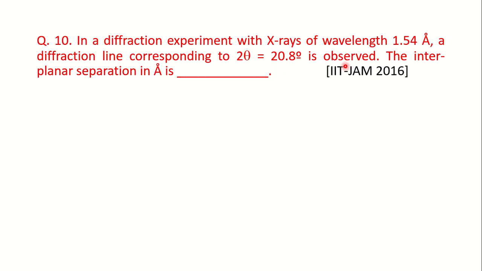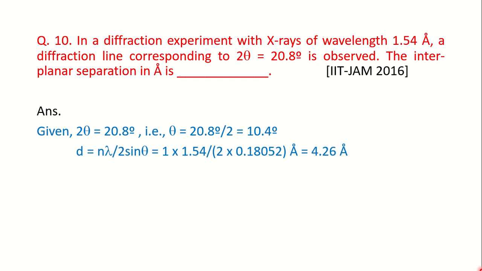You have to find the value of interplanar distance d in angstrom unit. So let's find out the answer here. If 2 theta is 20.8 degree, then theta is 20.8 divided by 2, that is 10.4 degree. Therefore the value of d must be n lambda by 2 sine theta.